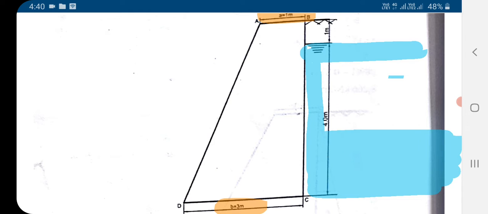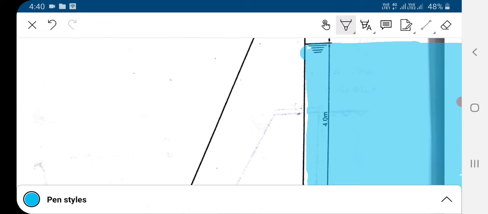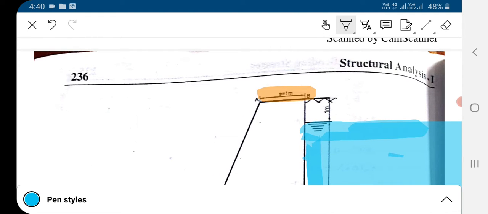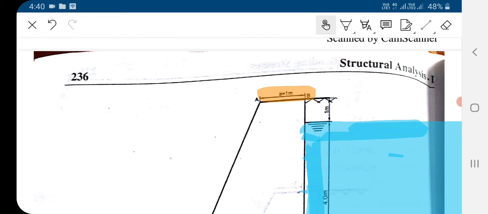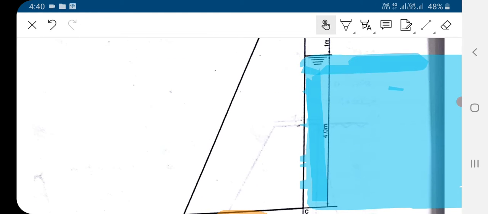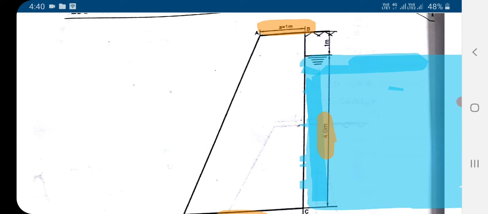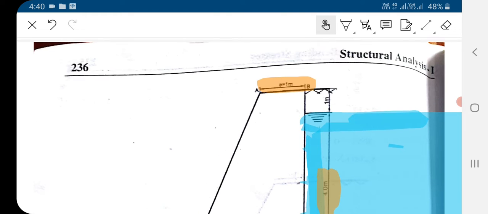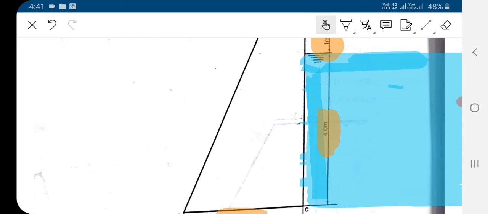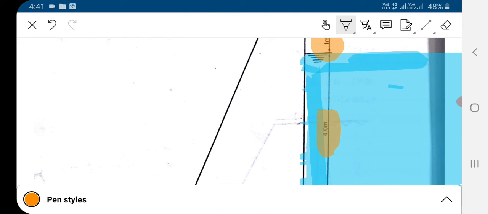So in this portion there is water, and this portion is free board. The height of this water portion is given to us as 4 meter, and this 1 meter is free board. So the total height we can say is 4 plus 1, 5 meter.